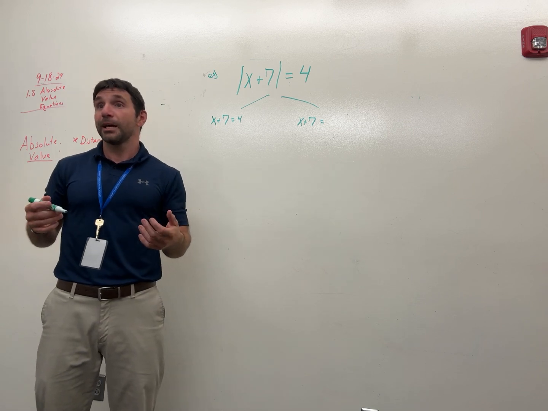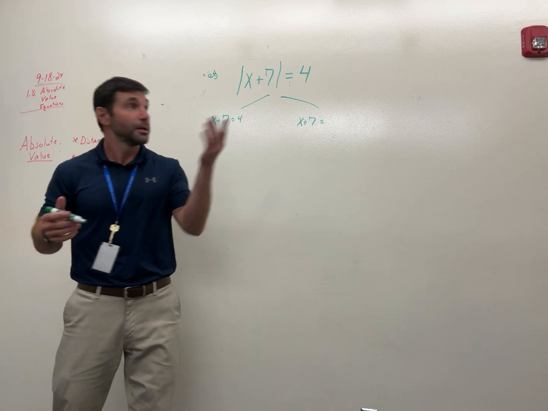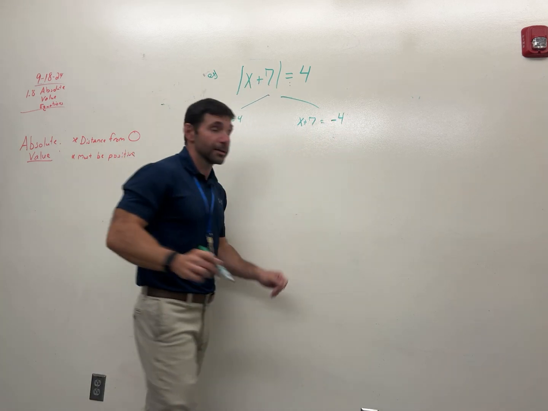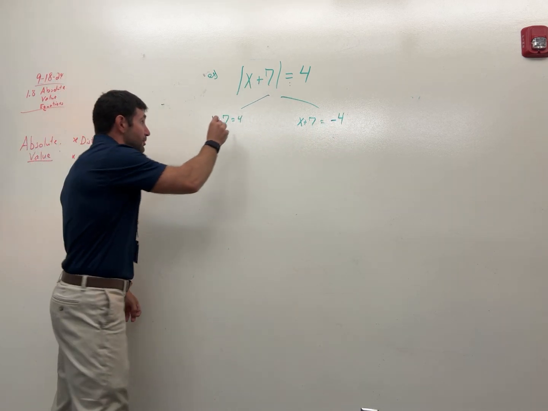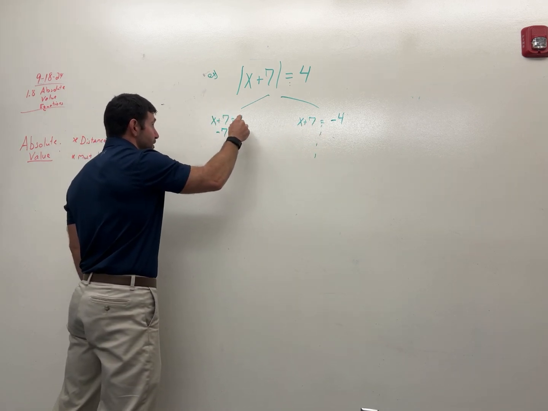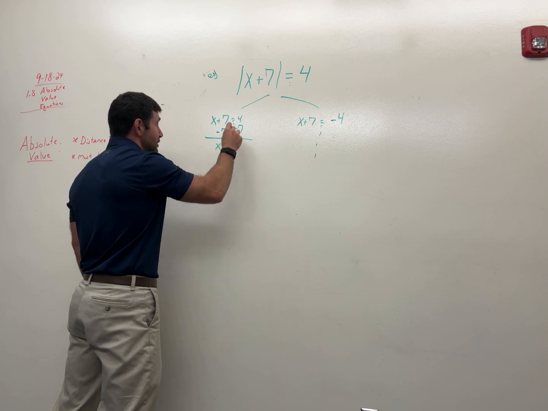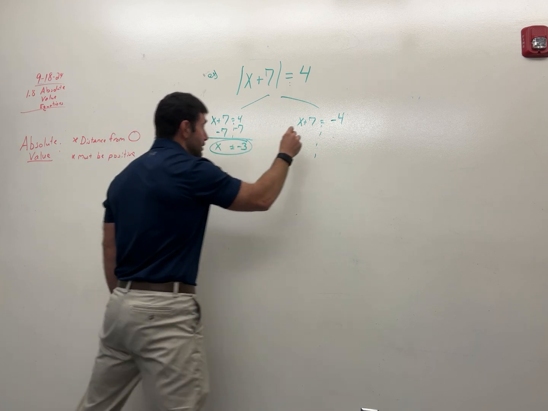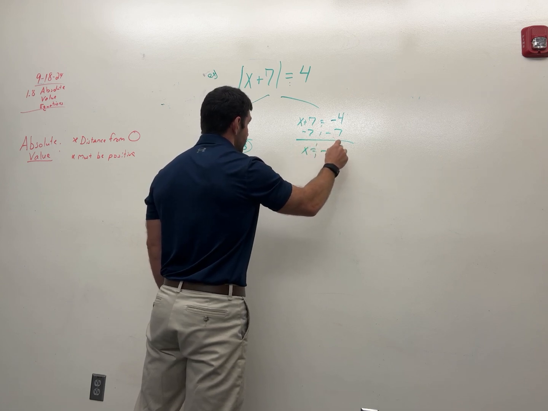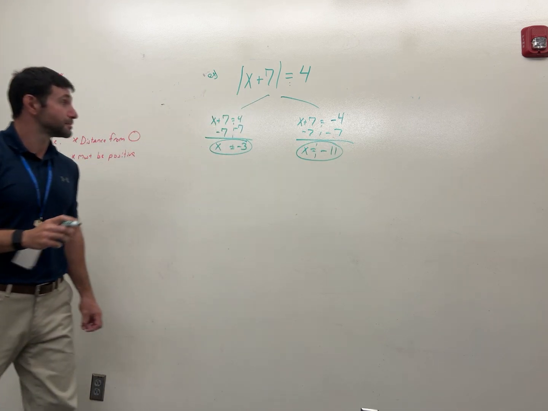By multiplying by a -1. In this case, if it's a +4, it becomes a -4. And we solve both. We subtract 7 from both sides. X equals -3, subtract 7, x equals -11.